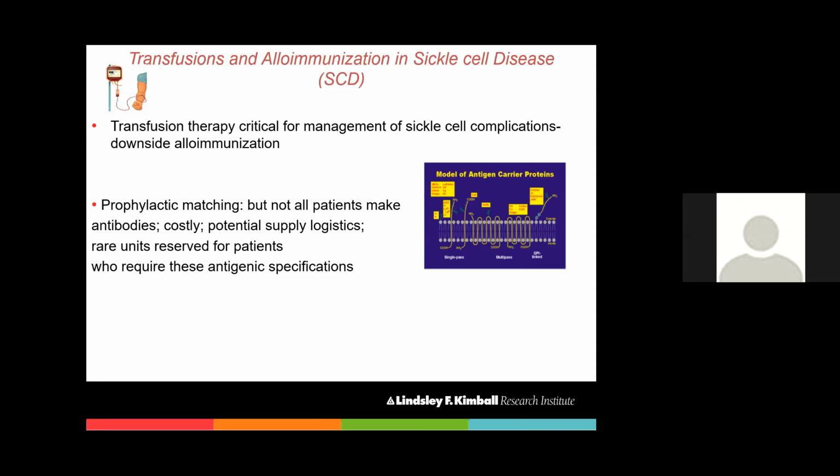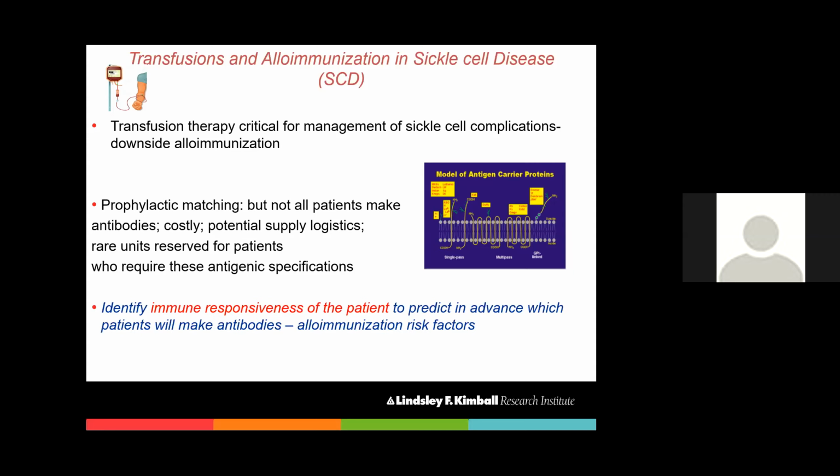So it's too costly to do prophylactic matching, and we may have problems identifying units that can satisfy this whole population, who need a lot of transfusions. Another school of thought says that rare units should be reserved for patients who require these antigenic specifications.